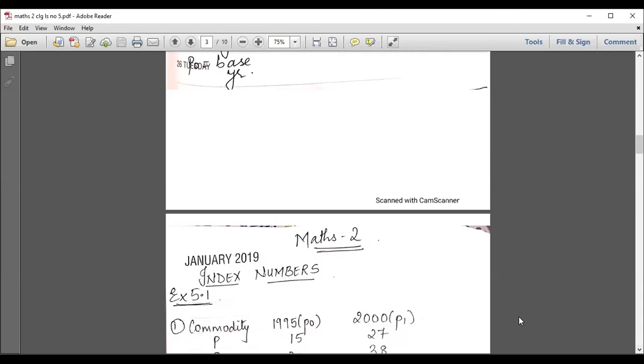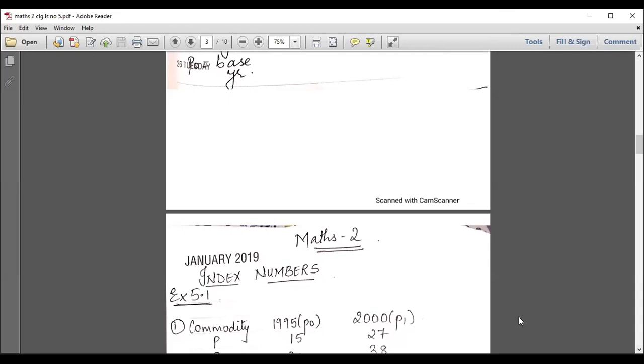Every time we won't be referring to this. It will be much easier for you to understand if, as I told you, you open the PDF file of the textbook in front of you, so that you can first see the question and then try to understand the solution.